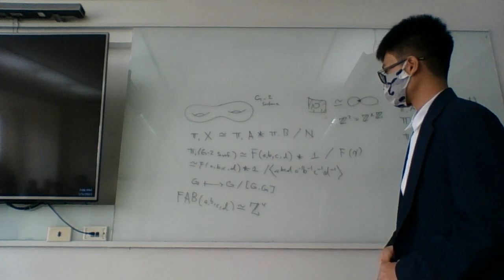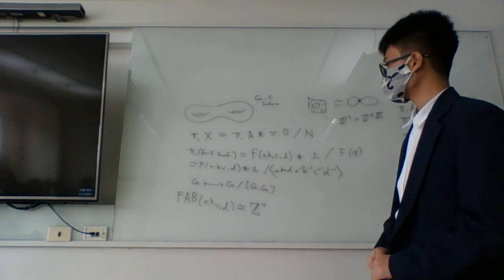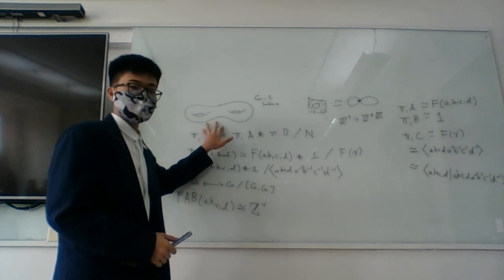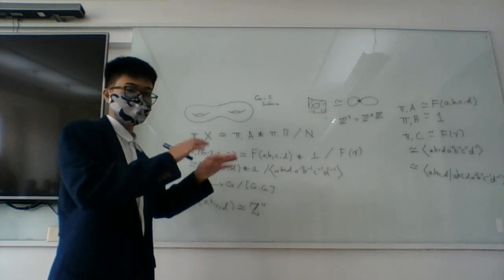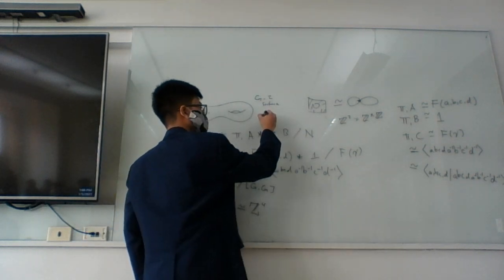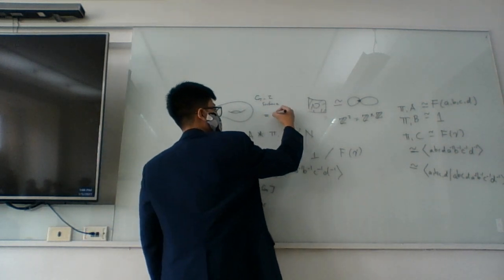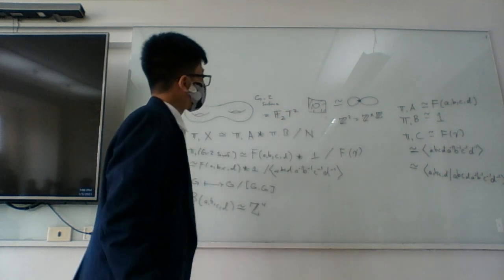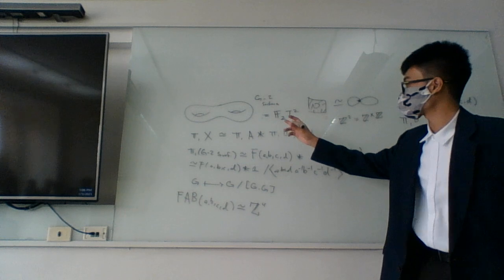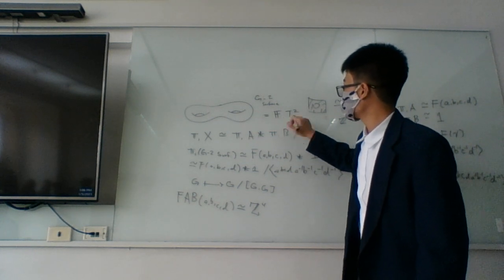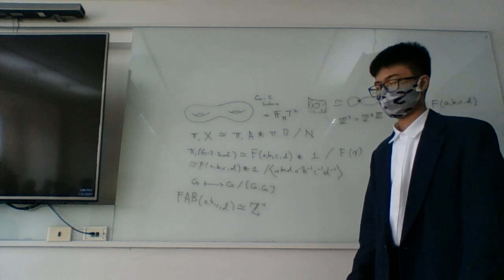Okay, so, right. We're going to term a new thing for a two-hole femboy donut. A genus 2 surface, we will denote via F2 T2. So, a genus n surface, or genus n femboy donut, is denoted by Fn T2.